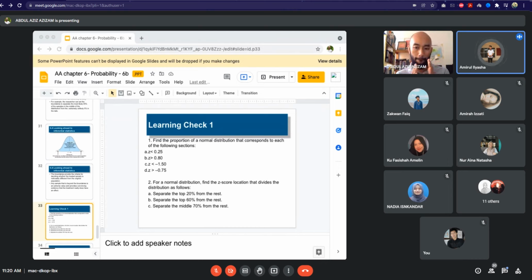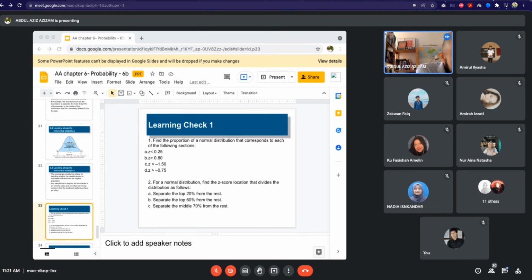Saya cari tail dia bersamaan 0.2. So saya cari dia punya Z lah. Z dia 0.84. Okay, you cross balik je lah kan? Patah balik je lah. Yes, correct. 0.84.